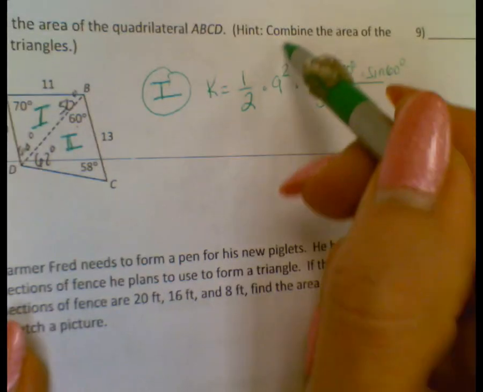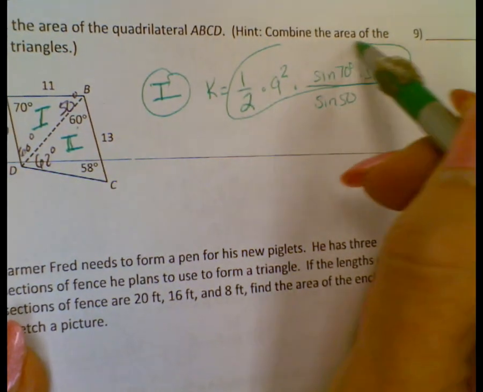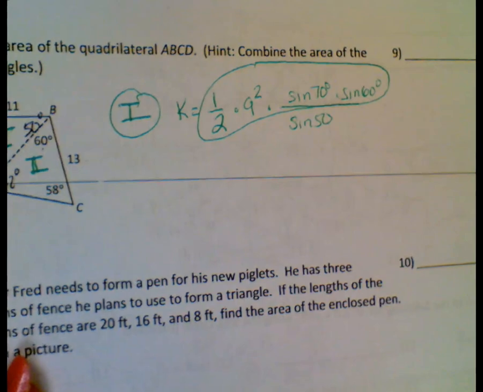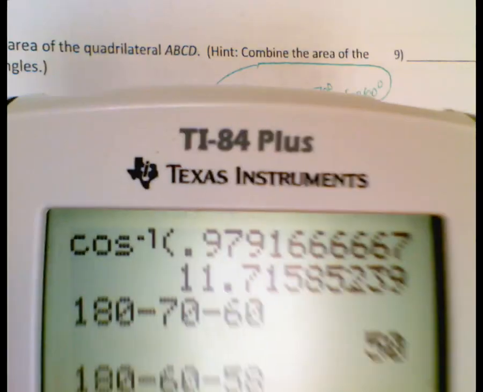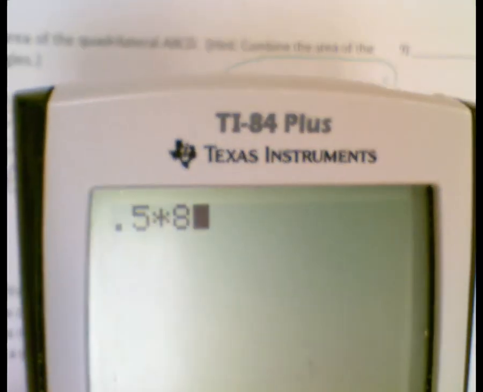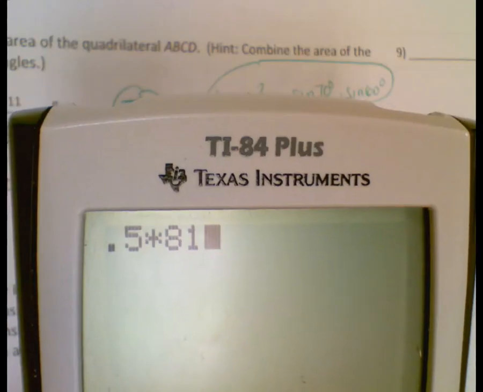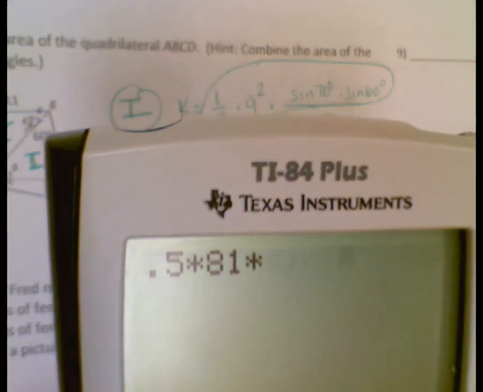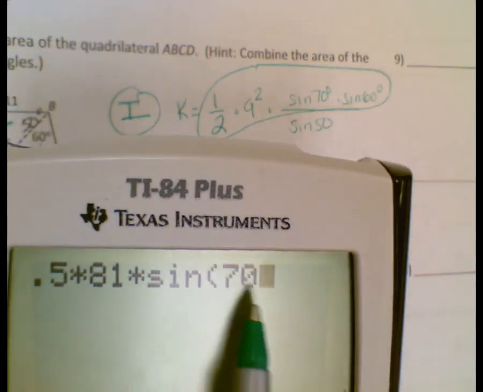When you're punching this into the calculator, you're punching in this part right here and then divided by sine 50. So it's 0.5 times 81 times sine 70. Now this is what most people make a mistake on the calculator. They don't close this parenthesis right here.